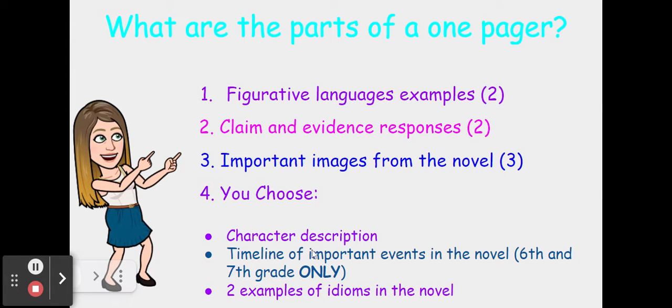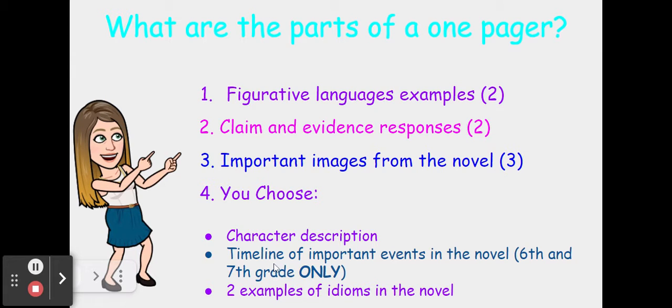And you're going to support those adjectives, those character traits, with evidence from the text. Why do you say that this person is kind? Why do you say that this person is lazy? Okay. Another choice, you could choose to find 2 examples of idioms in the novel and explain what the idioms mean. Okay, remember we talked a lot about idioms with Miss M.